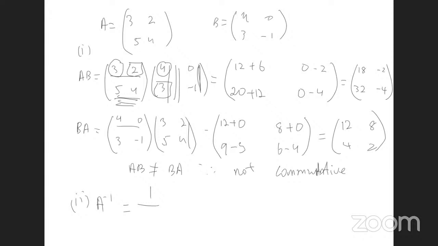And what's the determinant of A? 2. So the determinant is 12 minus 10. And what do you do after that? Right, so it's 4 and 3, and then minus the 2 and the 5. Nice. So the inverse is 1 over 2 times 4, minus 2, minus 5.